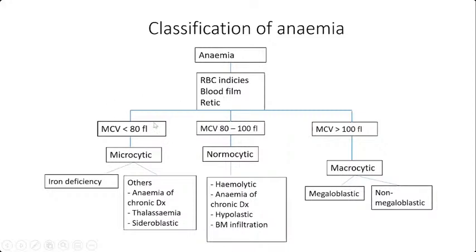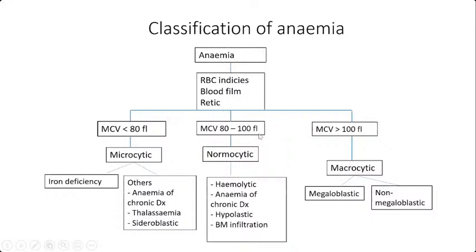So if we see the MCV is low, that means that you have a microcytic anemia. That could be iron deficiency or any of the other causes of a microcytic anemia. And you already have all these in your notes.